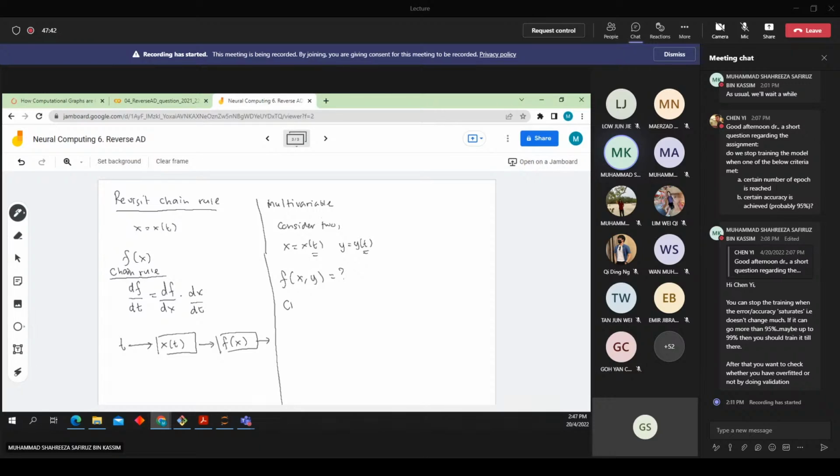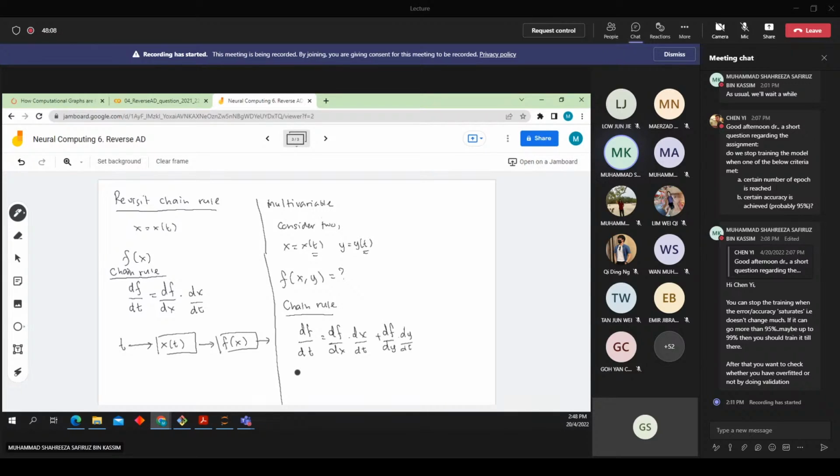If you apply the chain rule, you have to consider both cases: df/dt equals df/dx times dx/dt, plus df/dy times dy/dt.